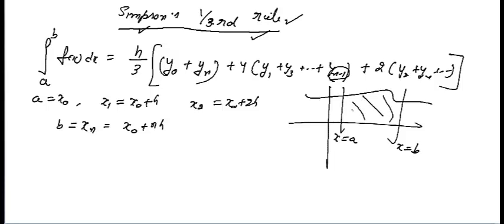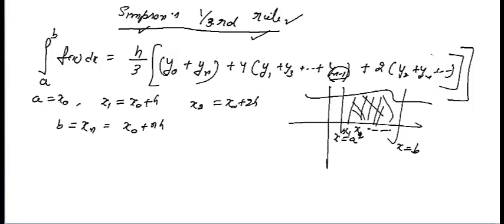You can divide it into small slices, and we have discussed this in detail in the trapezoidal rule. You can go through the previous lecture, and here we are going to discuss one question.